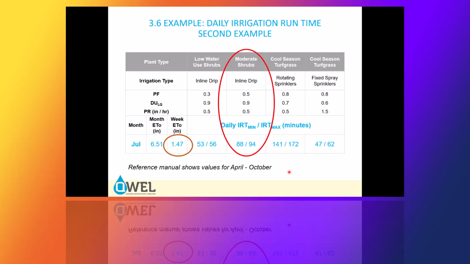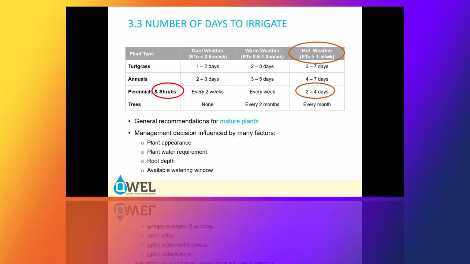So if we want to look at a separate example, again, starting with our ETO of 1.47, here's our inline drip, plant factor 0.5, DULQ 0.9, precipitation rate 0.5. Our irrigation runtime minimum and our runtime maximum is 88 and 94. Looking at that chart, the number of days to irrigate, we've got an ETO that's higher than 1. It's 1.47.